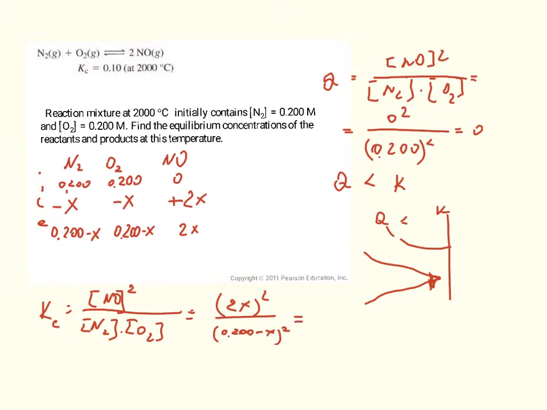Well, and we know that the equilibrium constant is 0.10 at this particular temperature. The only thing we need to do is just to solve this for x. Let us rewrite this expression.